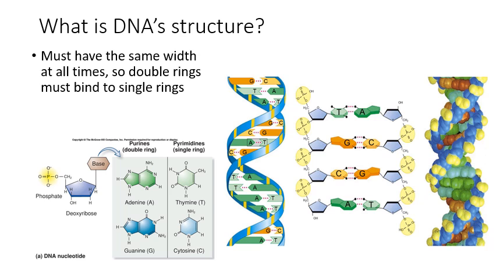So T has one ring and two hydrogen bonds. A has two rings and two hydrogen bonds. And so what base has one ring and three hydrogen bonds?